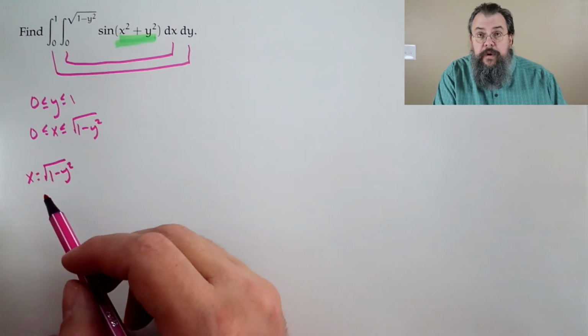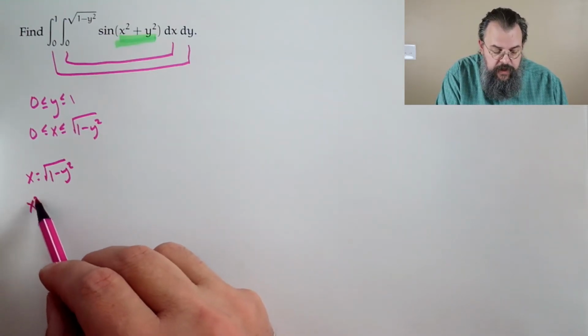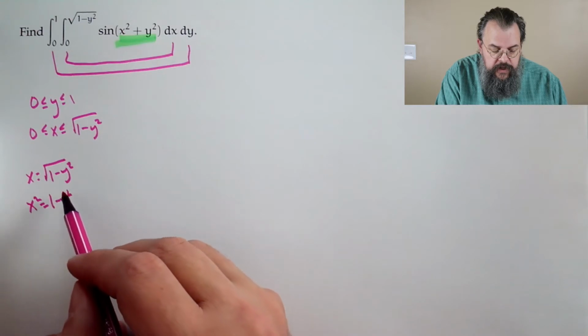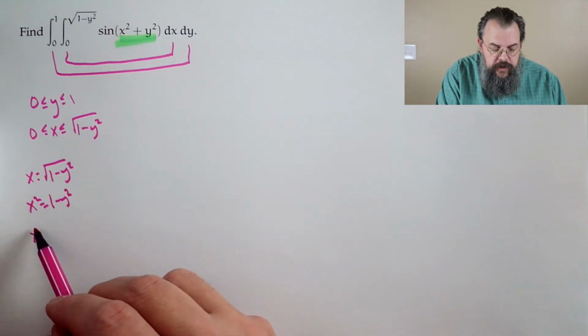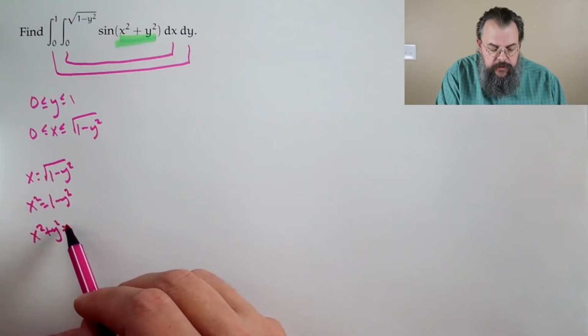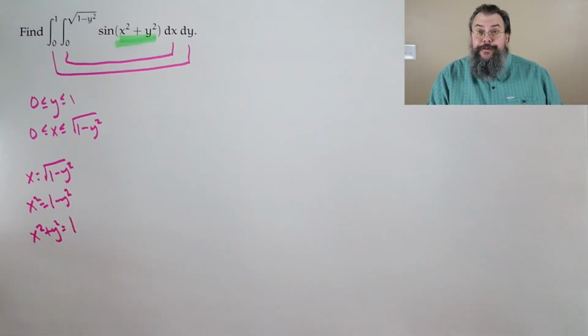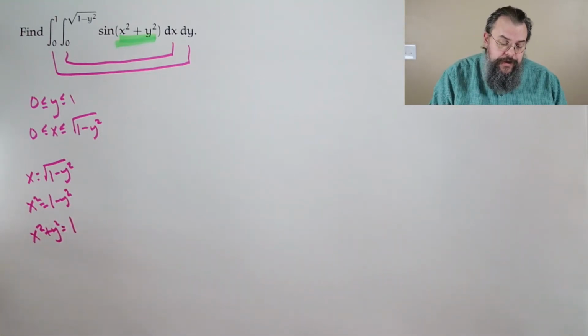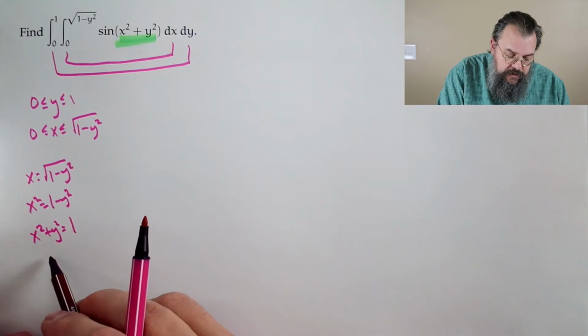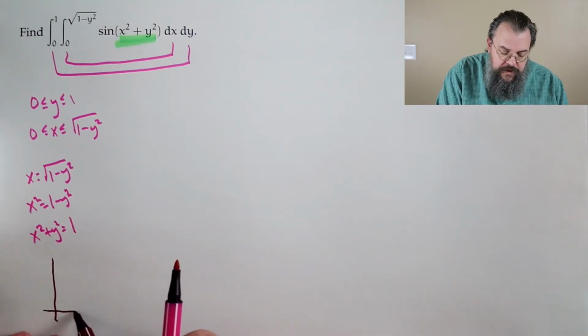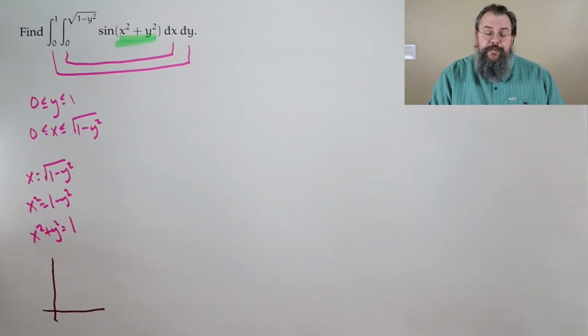Well, if you square both sides, x squared equals 1 minus y squared. Oh, this is feeling familiar. X squared plus y squared equals 1. Oh, feeling really familiar now. Say, hey, I think we have something with a circle here. More of a sign that we should be thinking about polar.